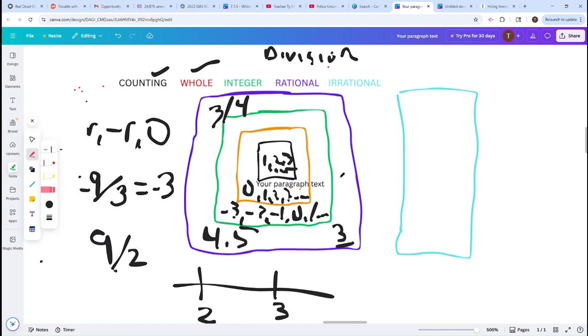It could be a negative number, negative 9 divided by 3. It could be a decimal, 9 divided by 2. It could even be a fraction, 3 divided by 4. If you could imagine baseball, you got 3 hits and 4 at-bats, then you're hitting 0.75.